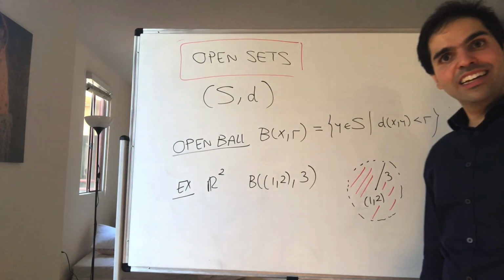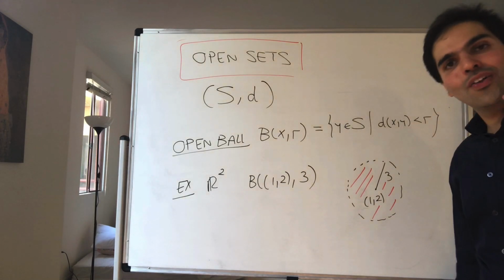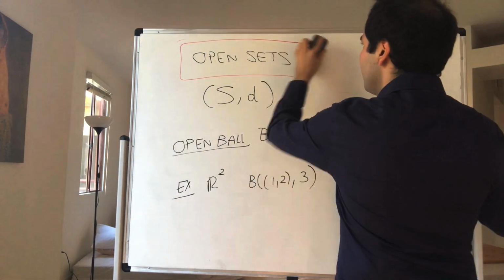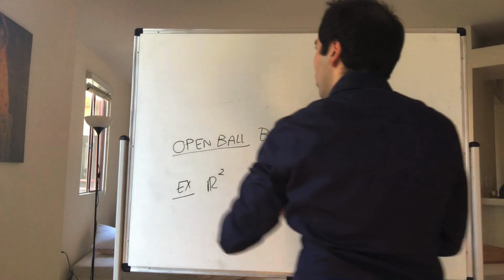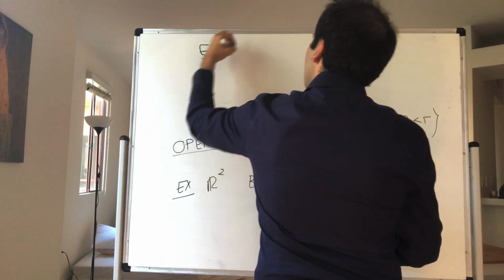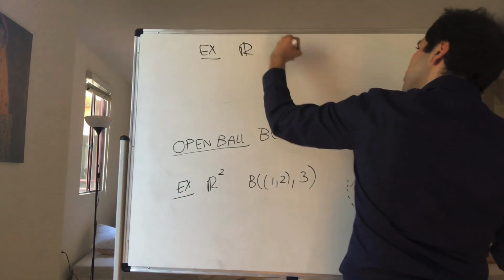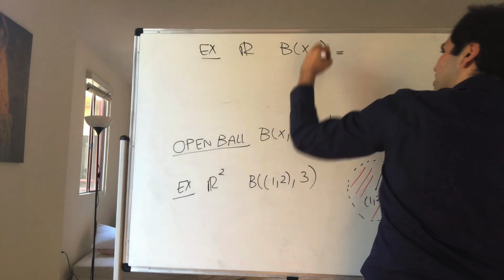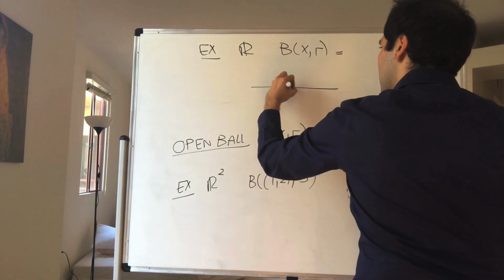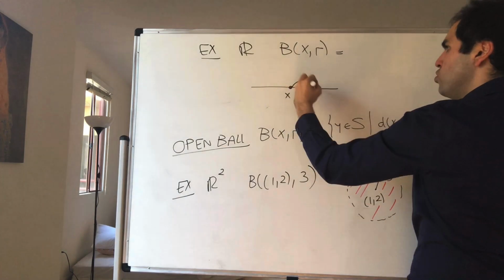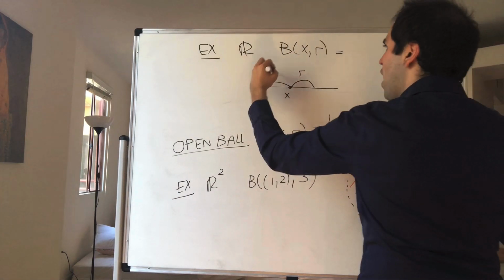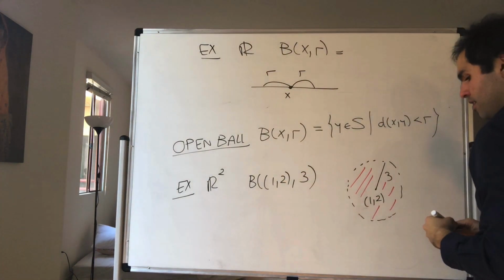More interestingly, let's see what it means to be a ball in R. So again in R, it turns out balls are very easy. And let's think about this. What does it mean for a point to be less than r away from x?